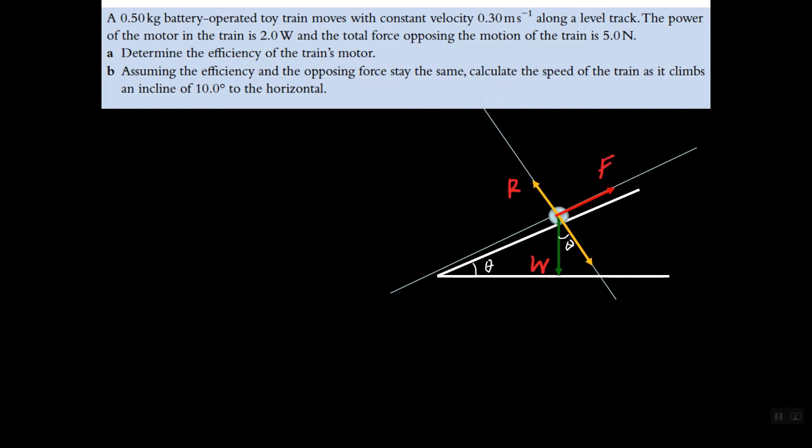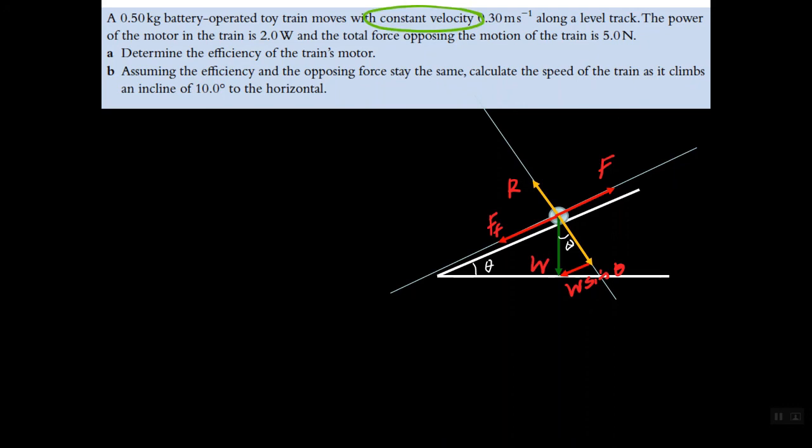We have the engine force forward, the frictional force opposing the motion, and the weight, which has an X component, W sine theta. So the component of the train's weight acting down the plane is W sine theta, and the force opposing the motion, the frictional force, is 5 Newton.